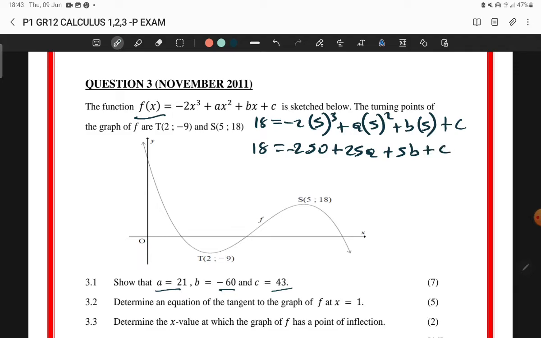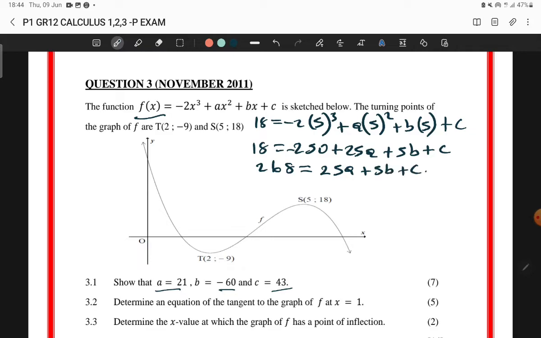So here we can just have 18 plus 250, then we're going to have 268, which is equal to 25a plus 5b plus c.